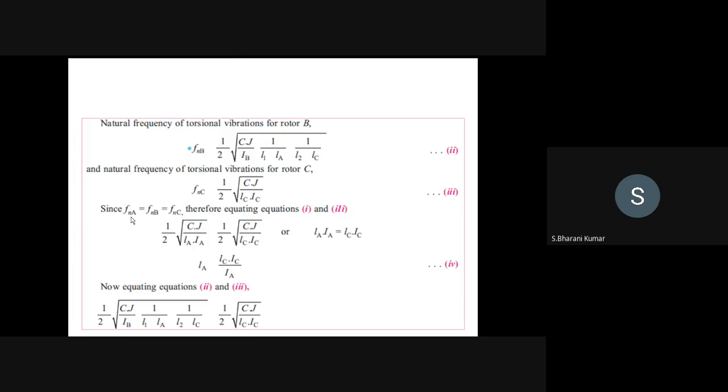Since the frequencies of A, B and C are all the same, FNA equals FNB equals FNC. Putting together, we get the value of LA equals LC into IC divided by IA. We are equating 2 and 3 here. Then one more formula will be obtained.